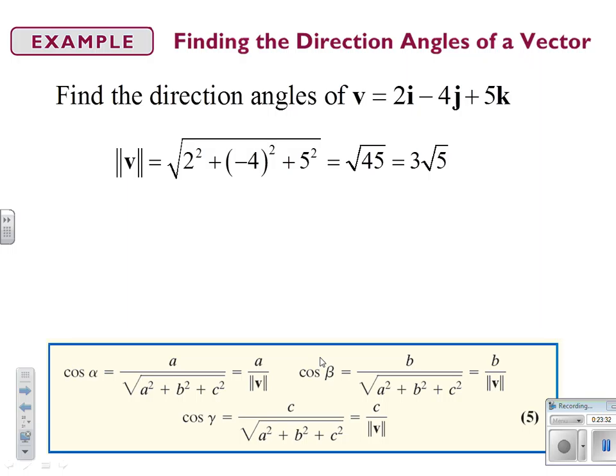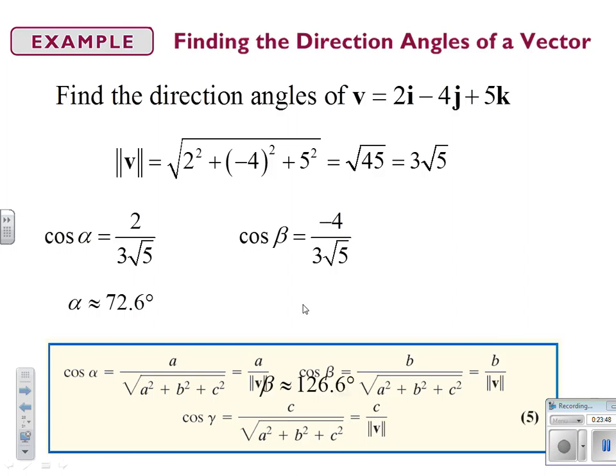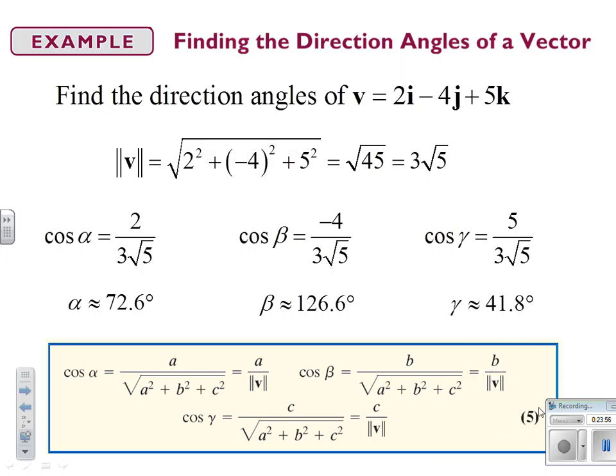So to find the direction angles, we're going to take each of its components. 2 divided by 3 root 5 is equal to cosine alpha. Take the inverse cosine of that. For beta, we get negative 4 divided by 3 root 5, inverse cosine. For gamma, we go 5 divided by 3 root 5, inverse cosine of that.